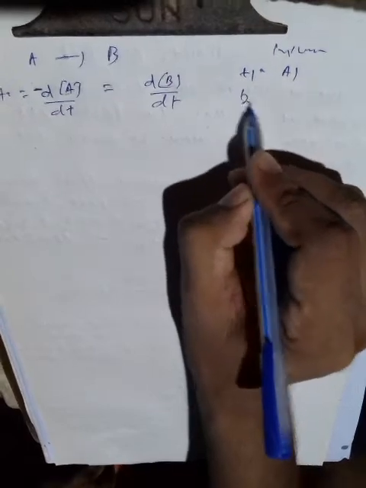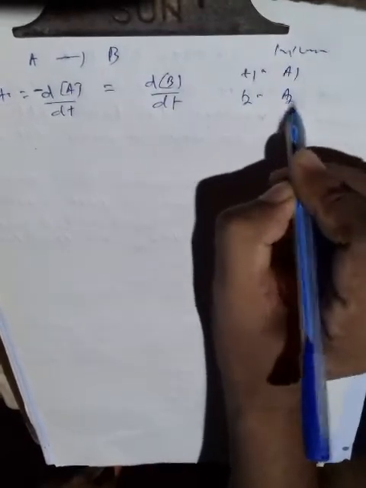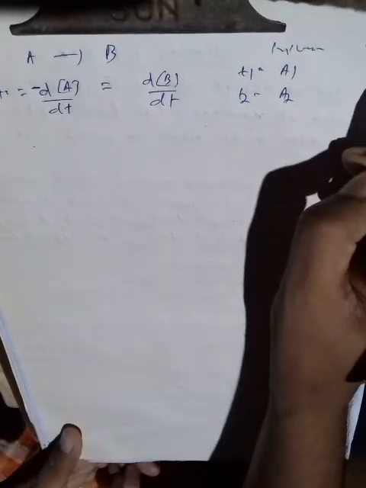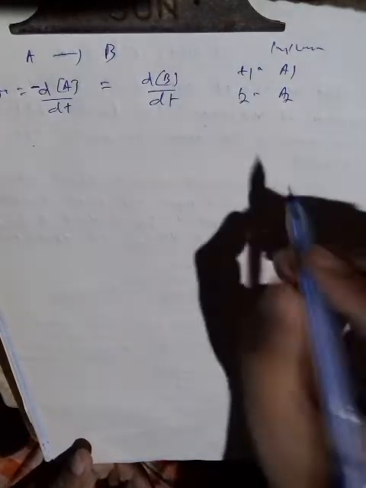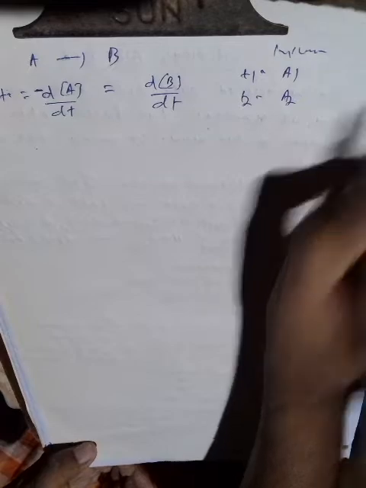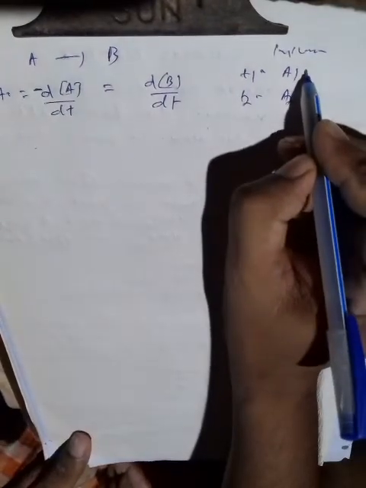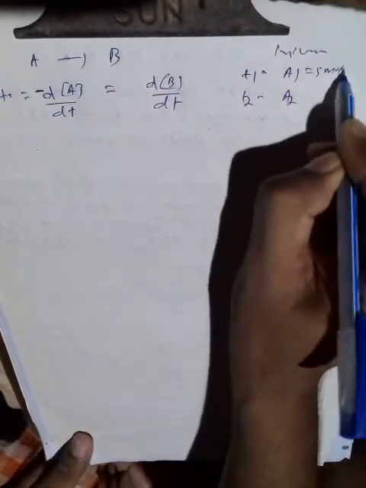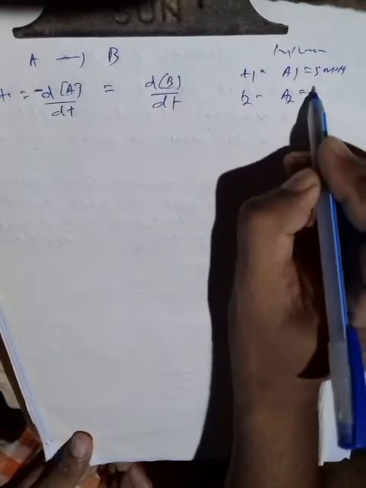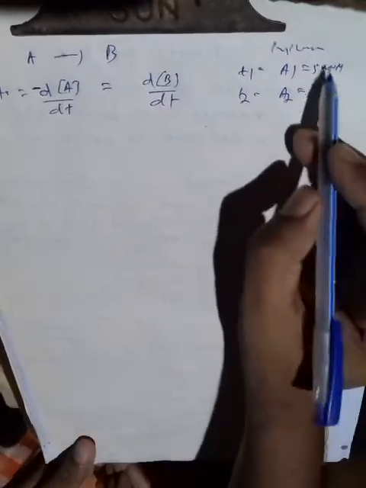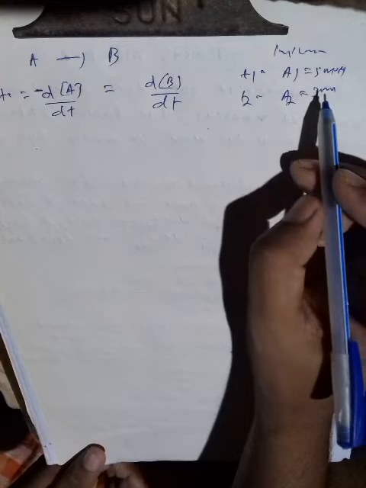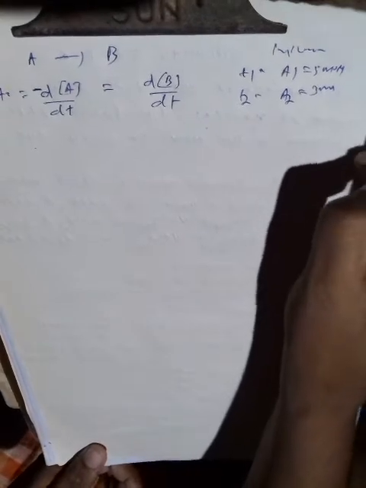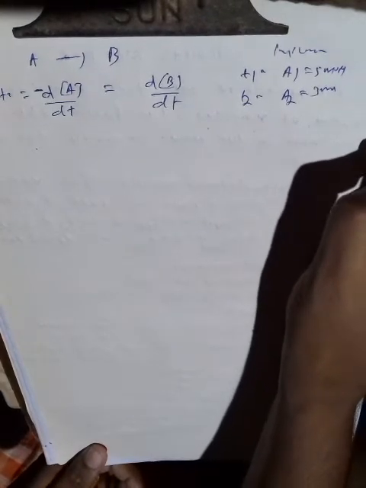At time t2, the concentration of A becomes A2, and some product has formed at this point. Suppose that product is X, and suppose the initial concentration is 5 moles per liter of A, and it becomes 3 moles after time t. 2 moles has decreased, and 2 moles of product has formed, so X is equal to 2 moles per liter.